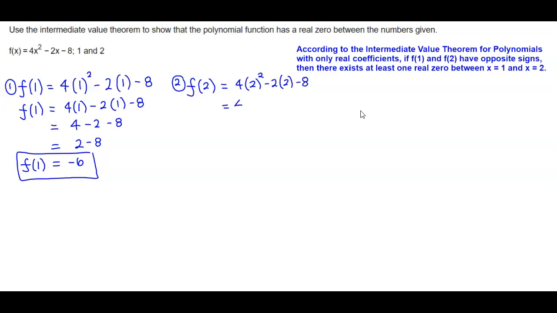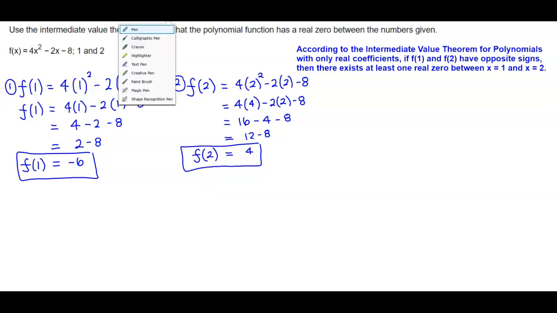So this equals 4 times 2 squared, which is 4, minus 2 times 2, minus 8, just following order of operations here. 4 times 4 is 16, minus 2 times 2, which is 4, and then minus 8. 16 minus 4 is 12, minus 8 gives us positive 4. So f of 2 is equal to 4.